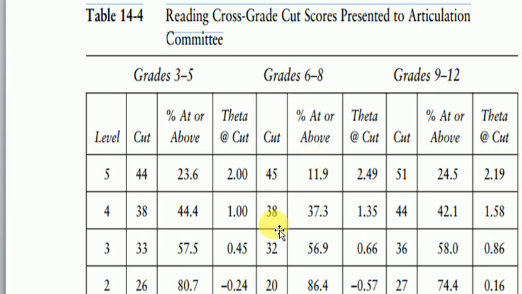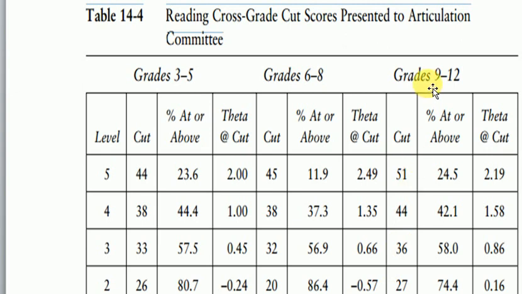And at level 2, for grade 6 to 8, the cut point is 20, percentage at or above is 86.4, and theta cut score is minus 0.57.